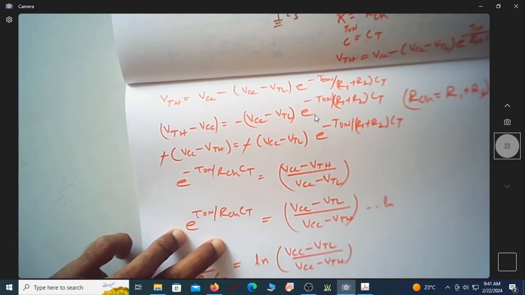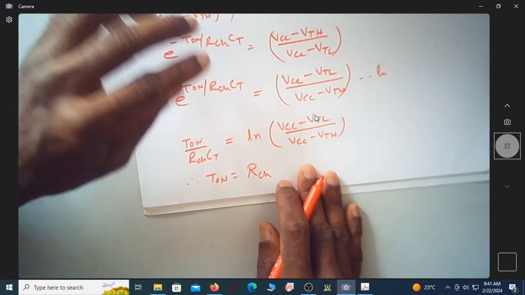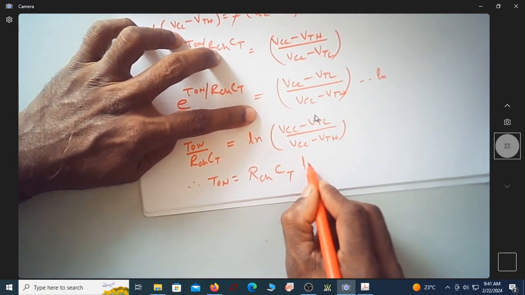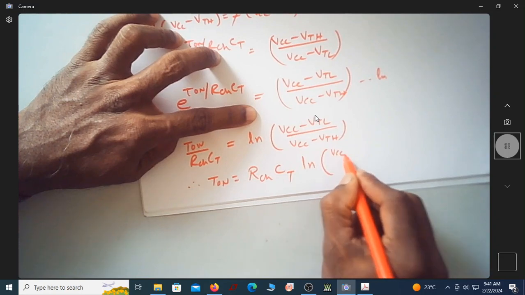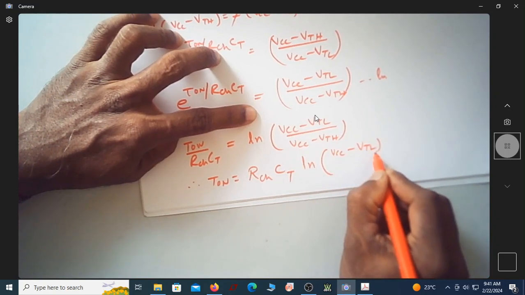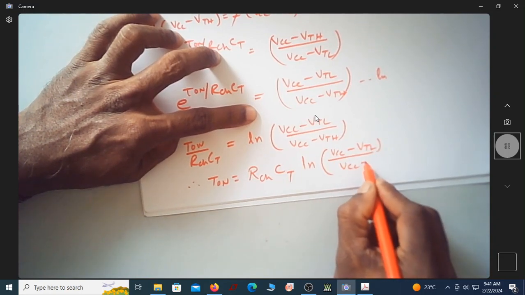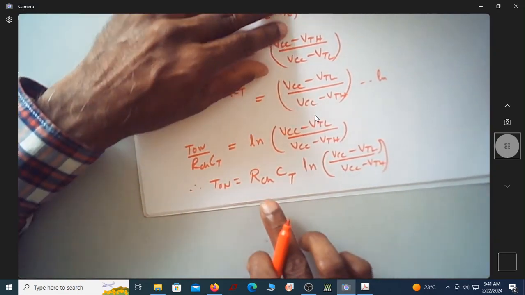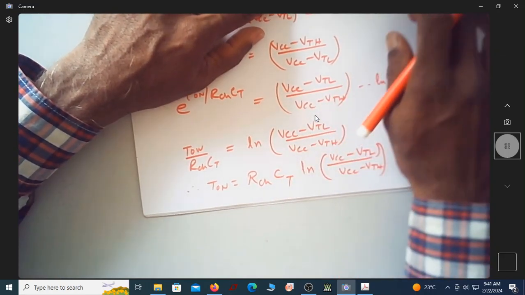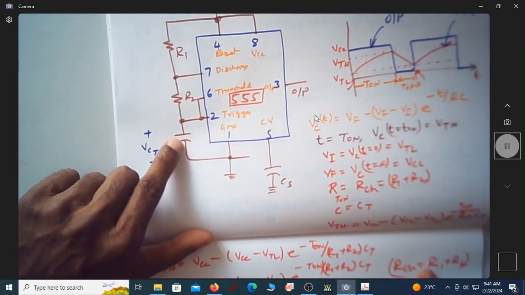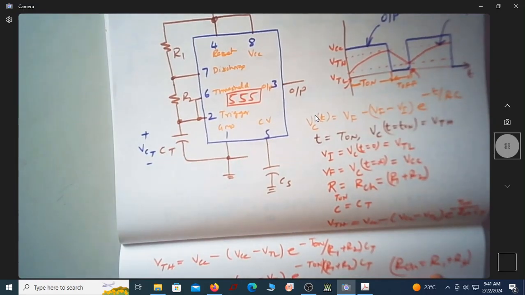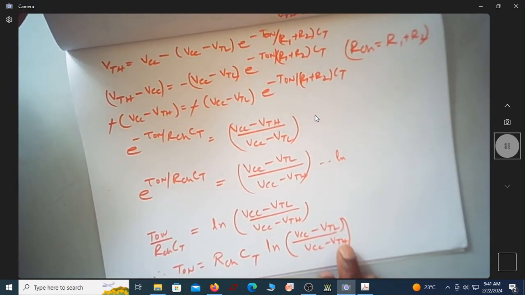T on is equal to R charge times the timing capacitor times ln of VCC minus VTL by VCC minus VTH. This is the expression. So what is this RCH for this circuit? For this circuit, R1 plus R2 is RCH.